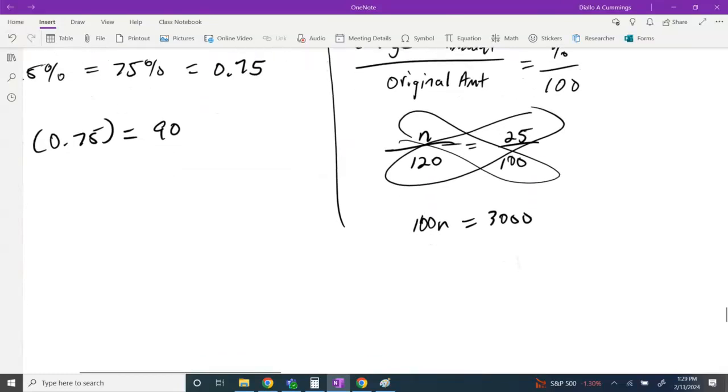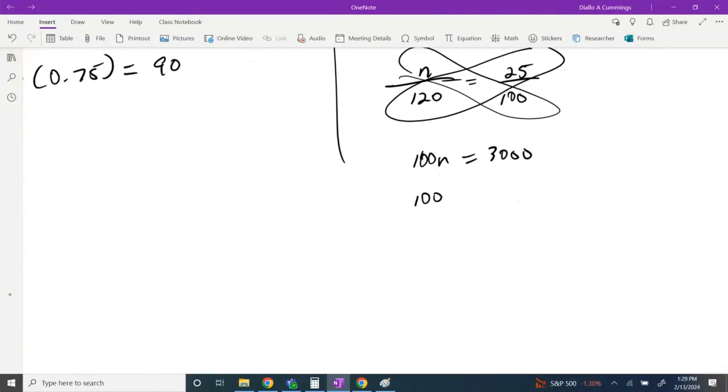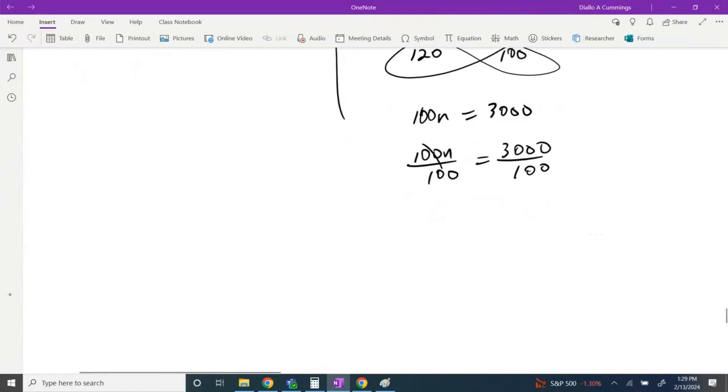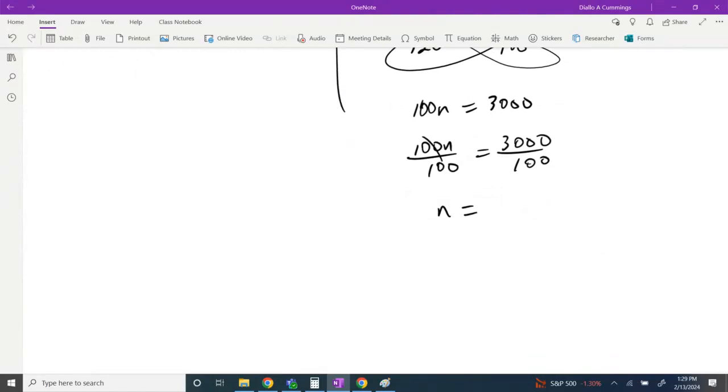So the opposite of multiplying N by 100 is to divide by 100. So I'm going to divide both sides by 100. On the left-hand side, the hundreds will cancel. I'm left with N. On the right-hand side, I can cancel those 2 zeros off. So N is 30.